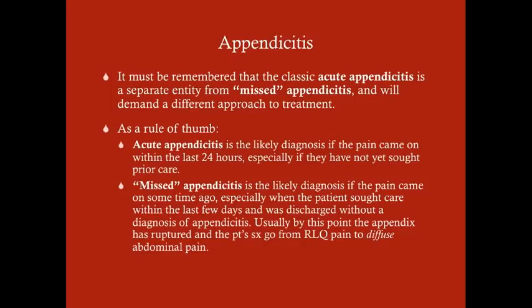Now, sometimes with patients that have appendicitis, and eventually anytime really in patients who have appendicitis that goes untreated, what will happen is the appendix will rupture. Remember that you're getting swelling of the appendix, and it can only swell so much.